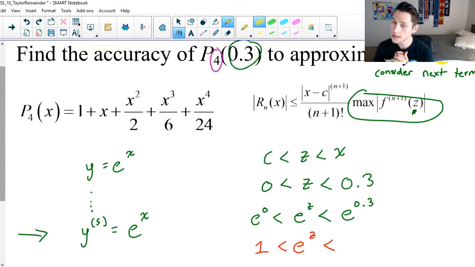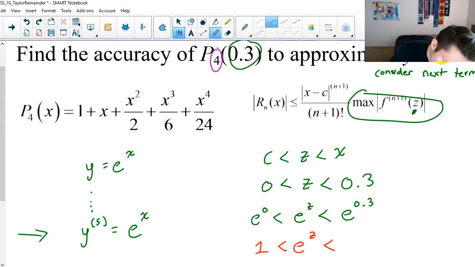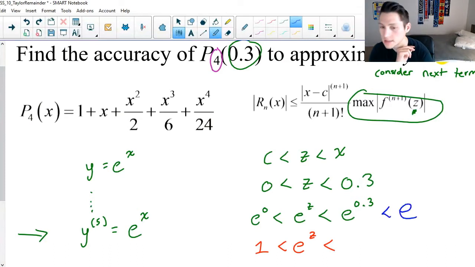Okay, so we'll instead use our intuition to figure out what's an actual concrete value that we could use. So let's do some thinking. e to the 0.3 would be less than e, which is just e to the first power.